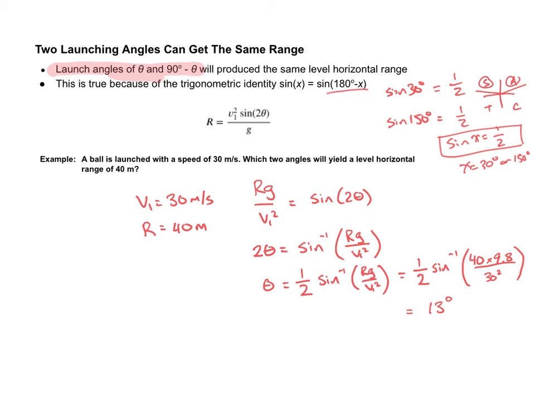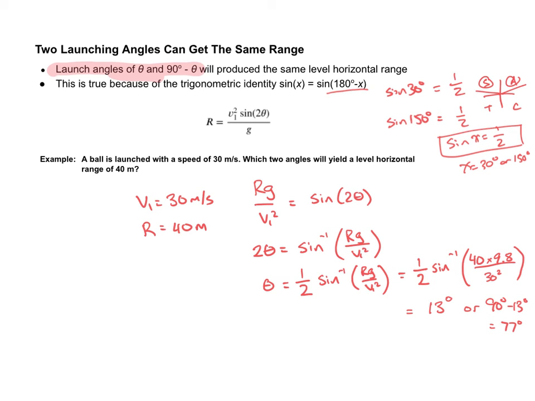So that's one launch angle. The other launch angle, if you go back to what I highlighted at the very top there, will be 90 minus 13 degrees, which is 77 degrees.